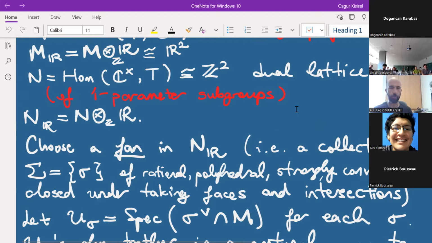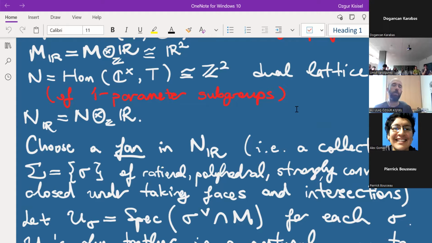So faces of cones should again belong to big sigma, and it should be closed under taking intersections. Strongly convex means it doesn't contain any positive dimensional linear subspace, so it makes an acute angle at zero, pictorially. Rational means the boundaries are generated by rational vectors.